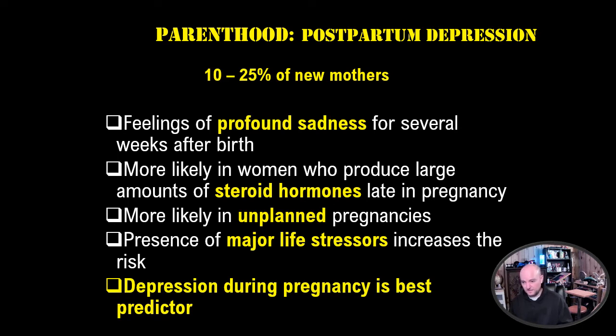If mom was less mentally prepared or life prepared, whatever unplanned would mean, that would add to the likelihood of negative emotionality. You can at least see the logic of how you would make that argument. Major life stress is sort of the same. So some of these are nature and some of these are nurture sources of influence. This affects up to 25% of moms. Some stats and reports are as high as 1 out of 4. So that's a huge thing.